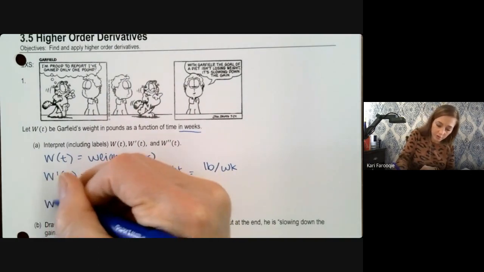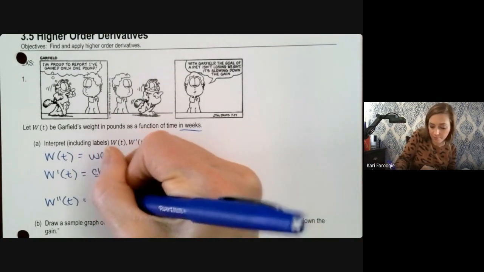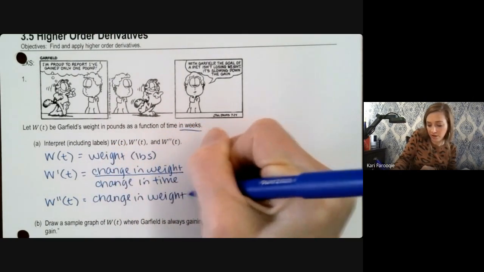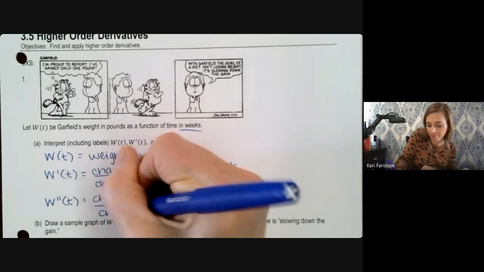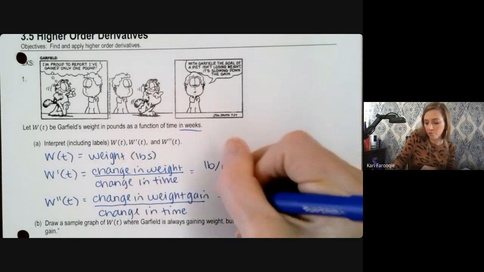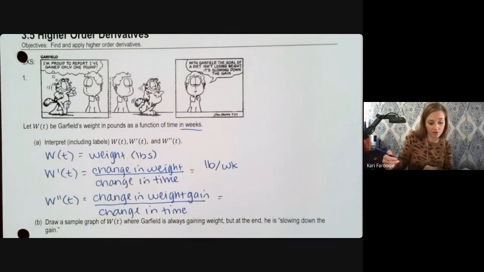If we're talking about W double prime of t, this is where we're talking about the change in the weight gain over the change in time. So this would be the change in the weight gain over the change in time. And we'll put a unit on that as well. So the weight gain would be the change in the weight itself. If there's a gain, then the weight's changing. And then it's changing over time, so that's changing in weeks.